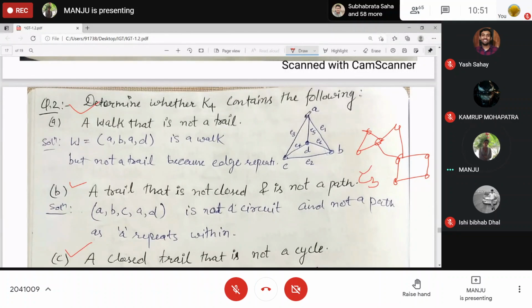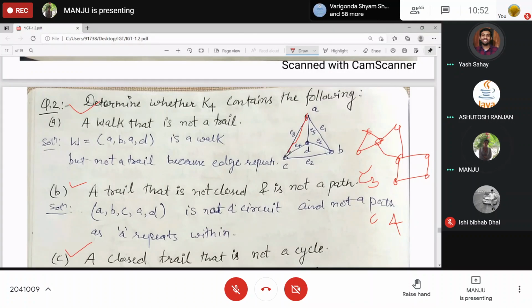Clear? And what are these? This one, this one, this one, this one: 4 C3, and also C4 exists. Does C4 exist or not? Yes, ma'am, obviously exists, right? How?